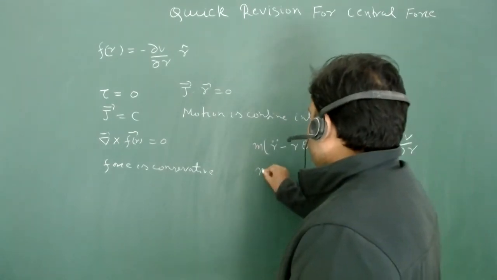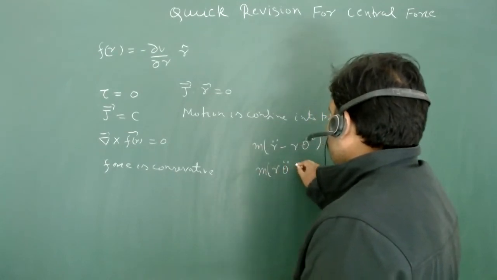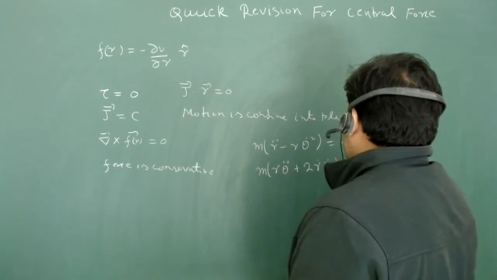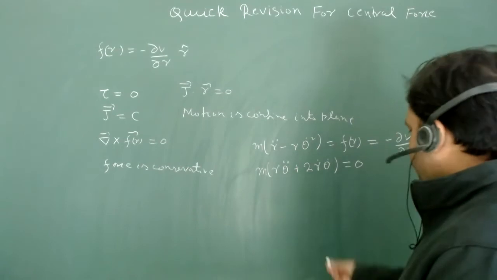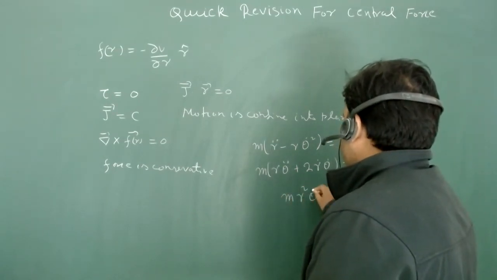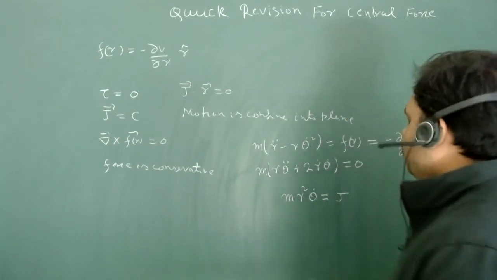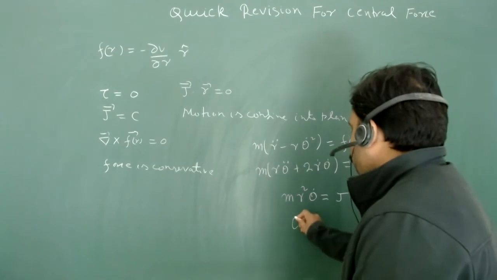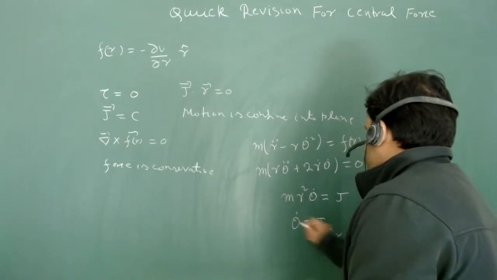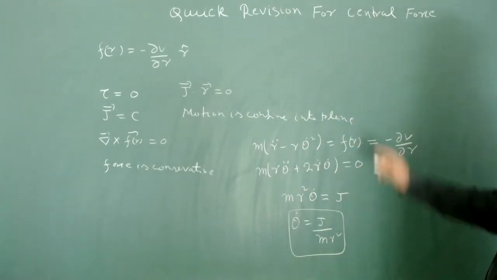The theta part of the equation is m r theta double dot plus 2 m r dot theta dot must be equal to 0, and from here we can easily say that m r square theta dot is equal to a constant, and this constant I can put as J, so we have theta dot is equal to J upon m r square. So this is one of the very important things.